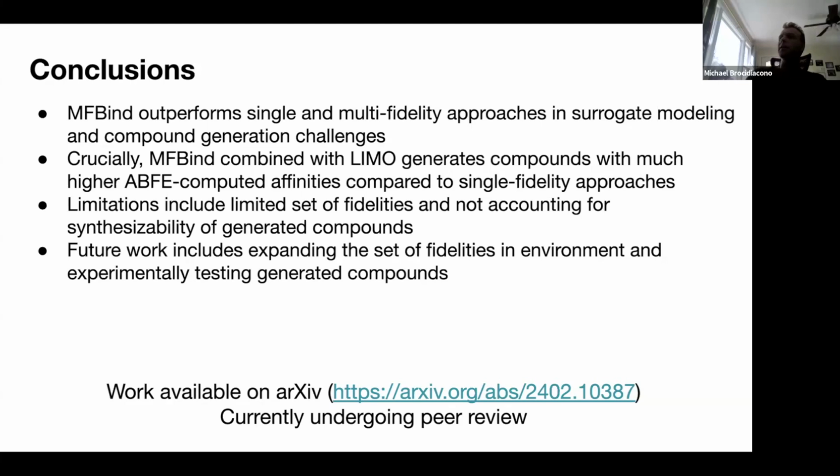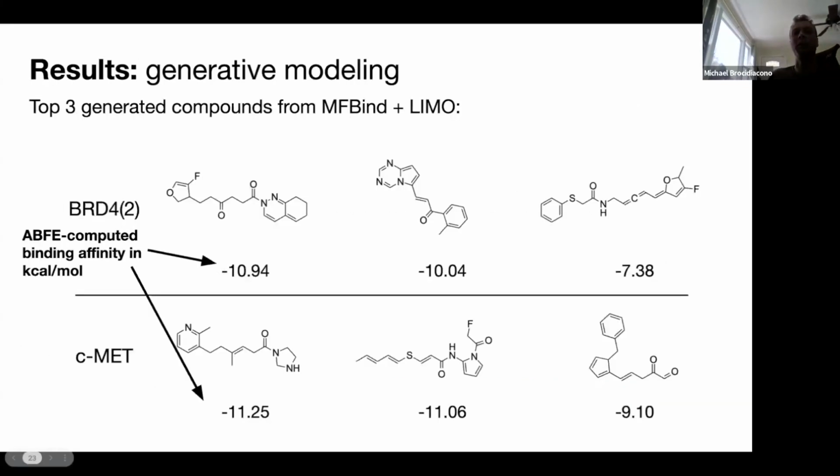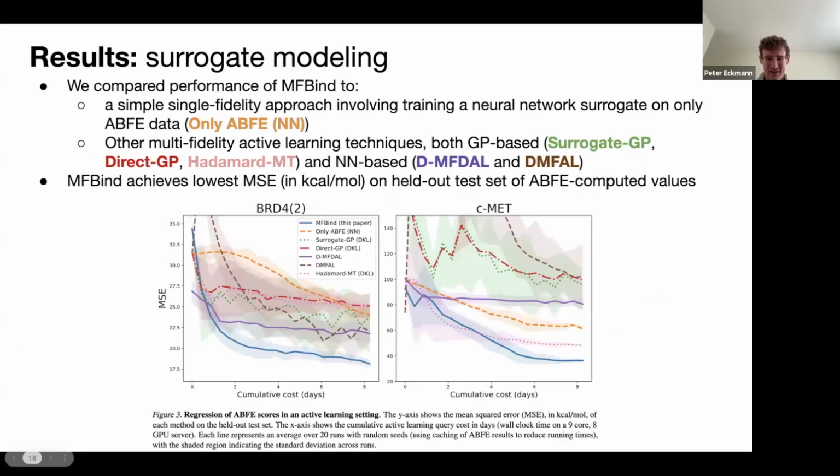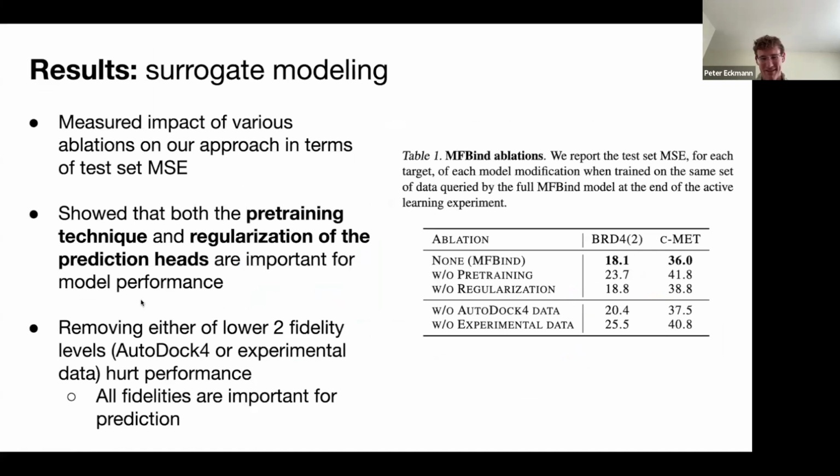One question I had is, how important was the experimental data? Did you do ablation tests with and without it? Yeah, that'd be this one here. The last row is when we train MFBind the same as the regular MFBind, except we just get rid of the experimental data. Cool. It looks like it's maybe more valuable than the AutoDock data.